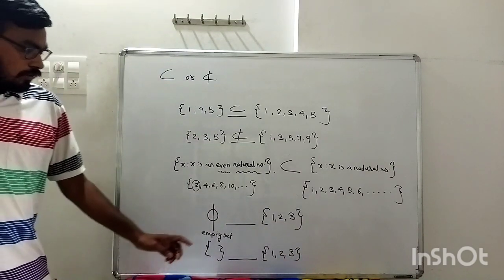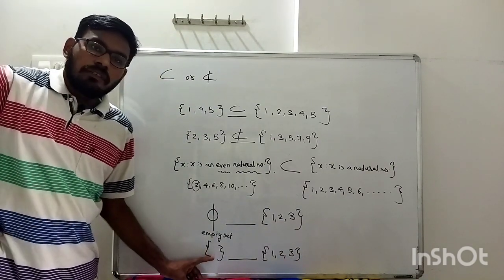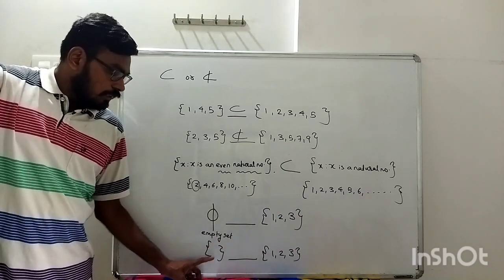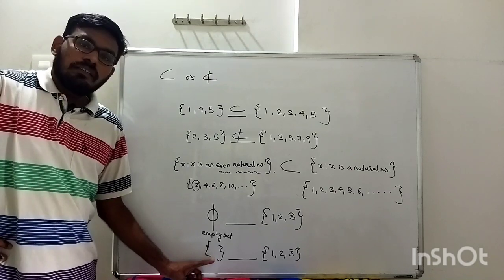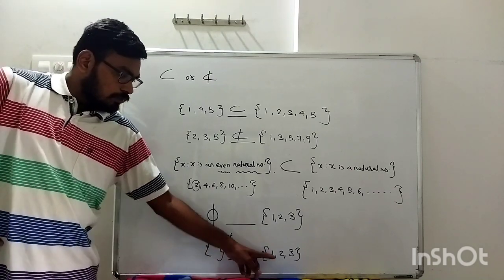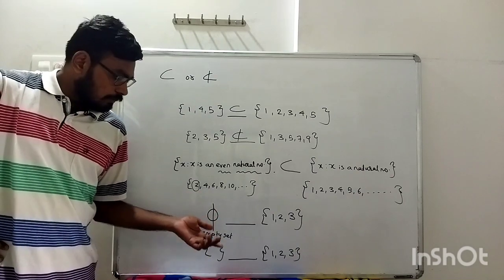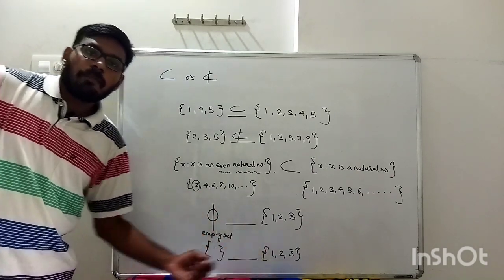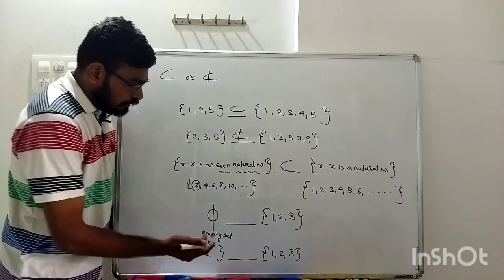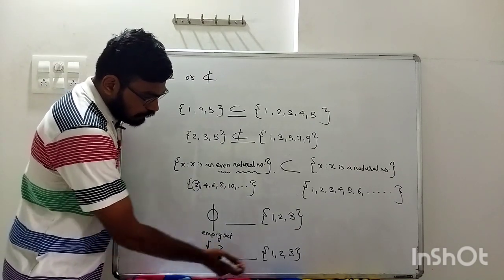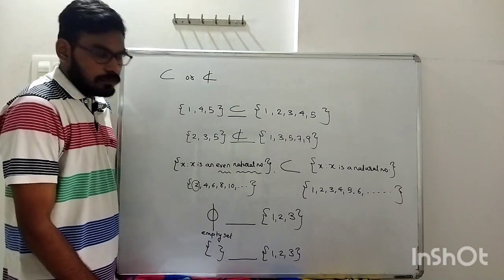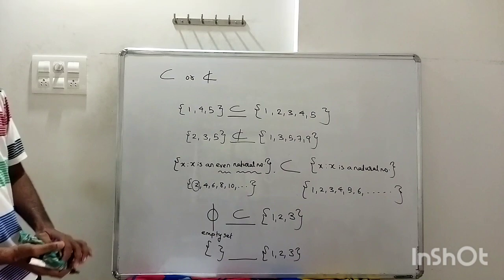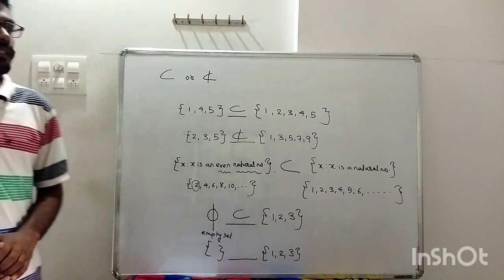So is there any element from this which doesn't belong to that? There is no element in this which doesn't belong to that. So obviously we can say every element of this is an element of that. Understood? There is no element here that doesn't belong to that. So we will say this is a subset, and actually the empty set is a subset of every set.